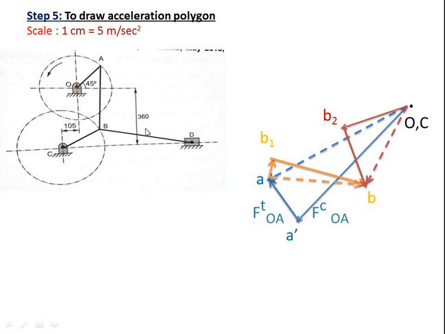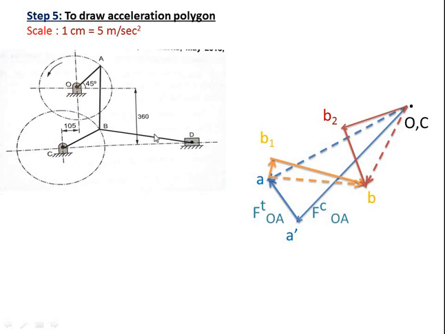Now we came up to point B. Now from B, we have to go for link BD. So from this point B, first we will look at the centripetal component of BD. The centripetal component of BD will be parallel to BD, towards B. Now the center of rotation will be B, as I am saying link BD.